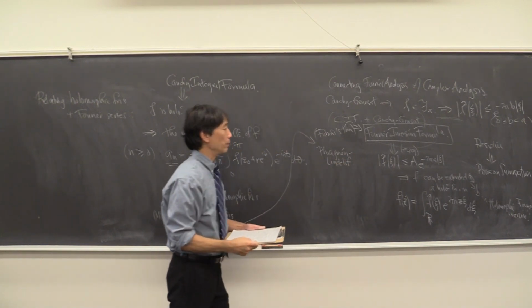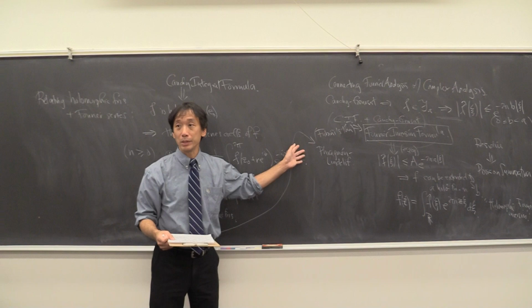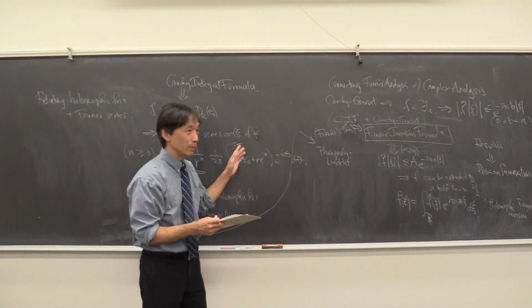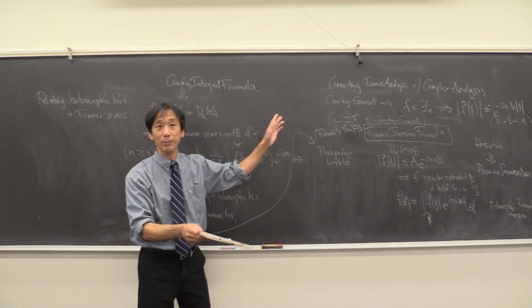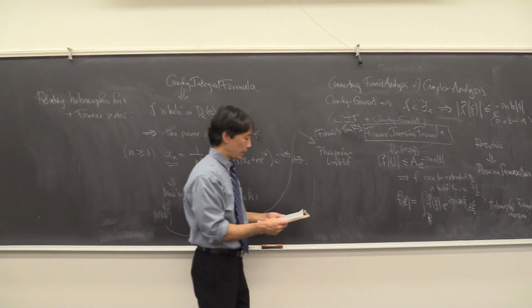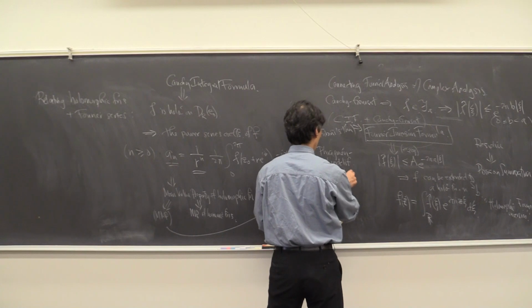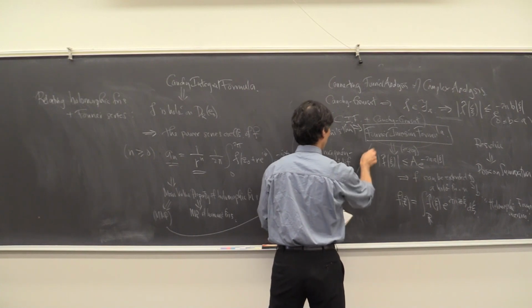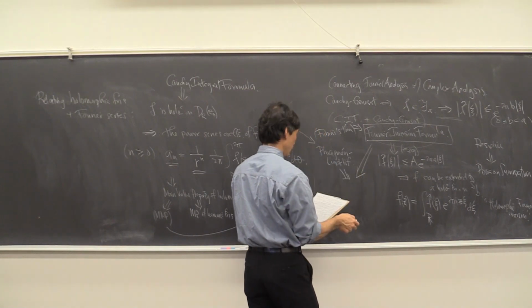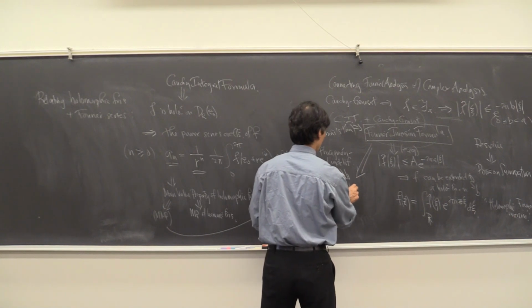Remember, Phragmen-Lindelof was basically the maximum modulus principle, but on an unbounded sector. And then Phragmen-Lindelof plus Fourier inversion gives you Paley-Wiener.